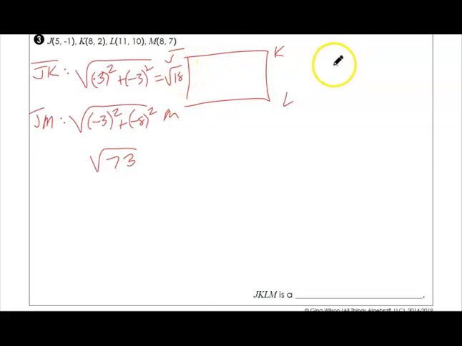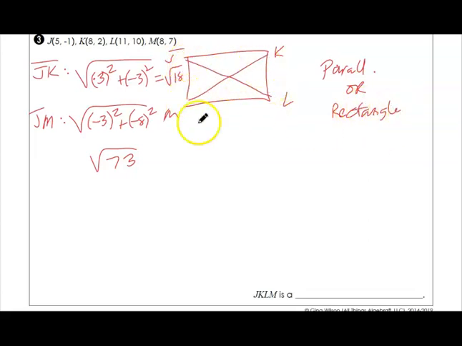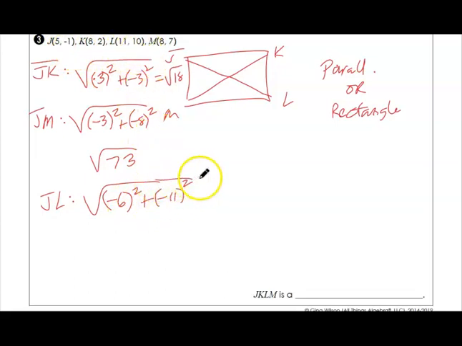So we are either dealing with a parallelogram or a rectangle. And to know which, we'll check the lengths of the diagonals. So JL: -5 minus 11 is -6 squared. -1 minus 10 is -11 squared.